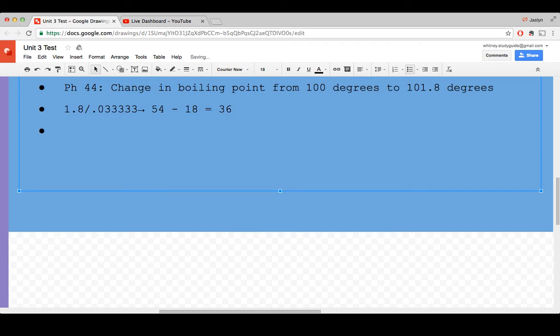Okay, so you find the change in temperature, and then you find how many grams of solute caused it. And you just want to know how many grams it would take to raise the boiling point by 1 degree. So if the change in temperature is different from 1 degree, you just have to divide.